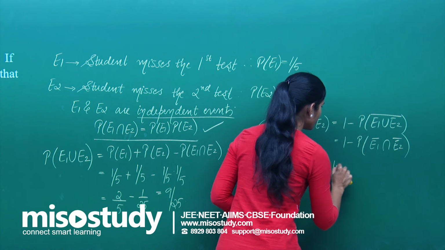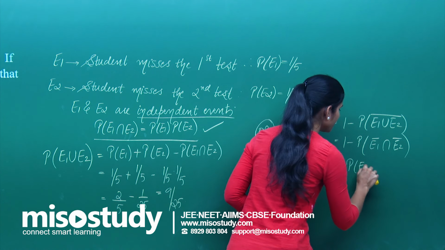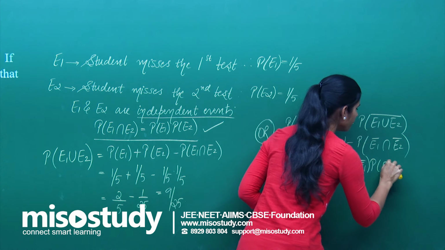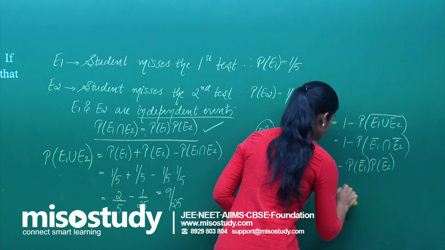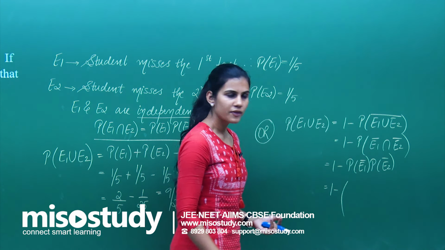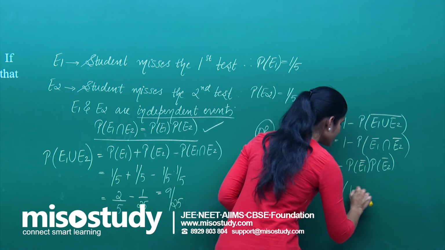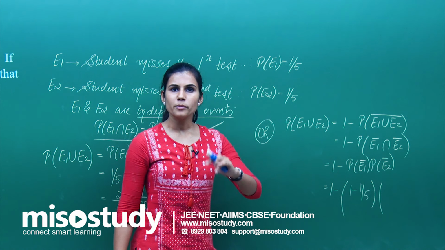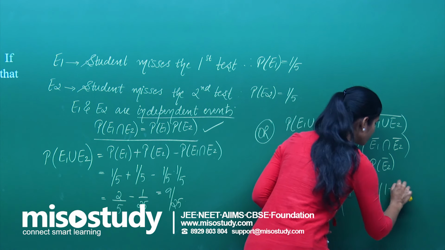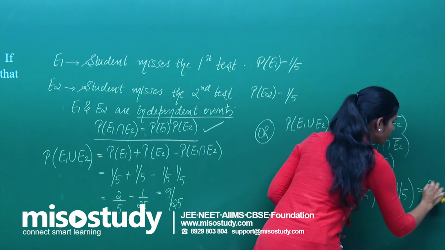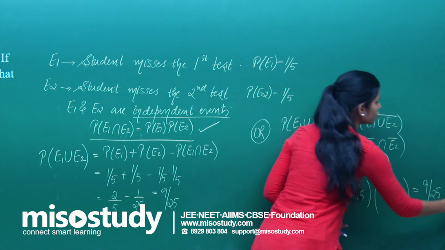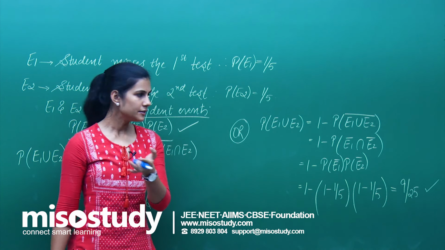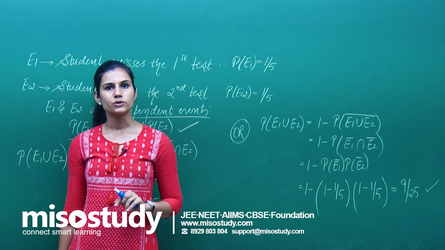So clearly this is equal to 1 minus probability of E1 bar into probability of E2 bar. Probability of E1 is 1 by 5, so probability of not happening of E1 is 1 minus 1 by 5. Probability of happening of E2 is 1 by 5, so probability of not happening of E2 is 1 minus 1 by 5. This again is going to give you 9 by 25. Is it clear? That's how you attempt this question.